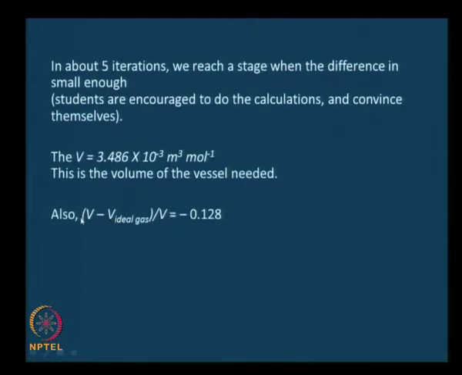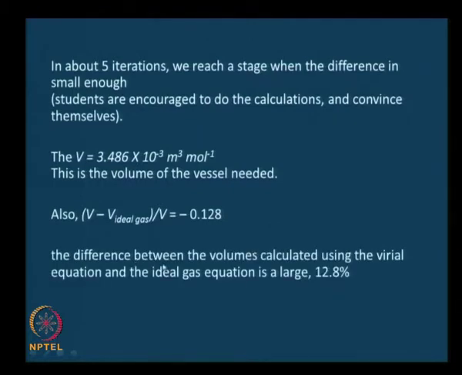We will do that in a little while. For now, V minus V ideal gas, the whole divided by the volume, will turn out to be minus 0.128. And therefore, the difference between the volumes calculated using the virial equation and the ideal gas equation is large, it is about 13%, 12.8%. This you should keep in mind.